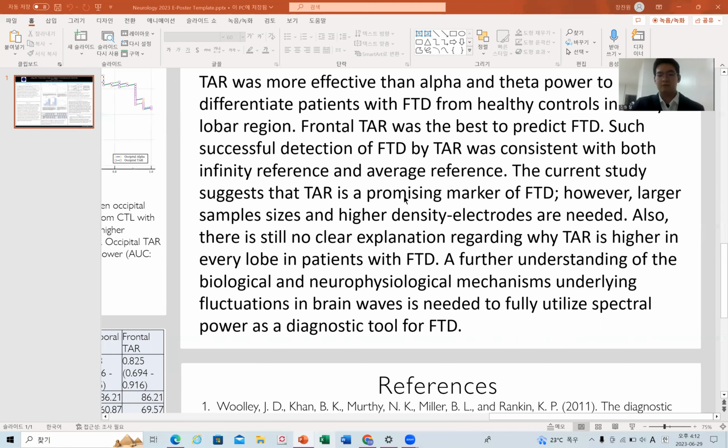Previous researchers have found that the occipital region is not affected by frontotemporal dementia. However, for my datasets, the occipital region was significantly influenced by the presence of frontotemporal dementia. This might be explained by some interference effects of other lobar regions in the EEG signals, but it's not a very valid and clear explanation for this difference.